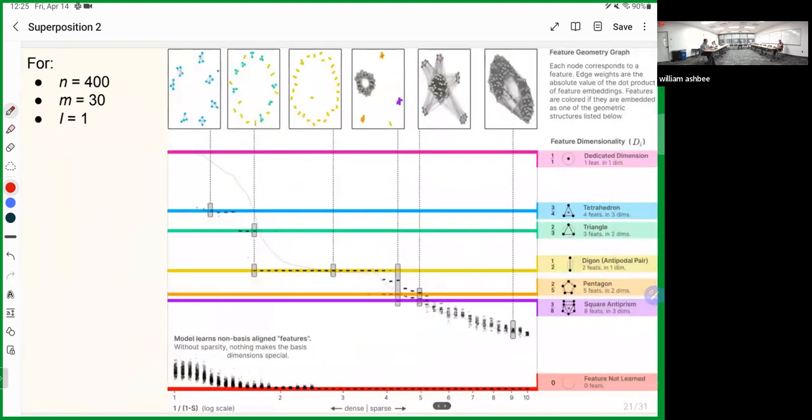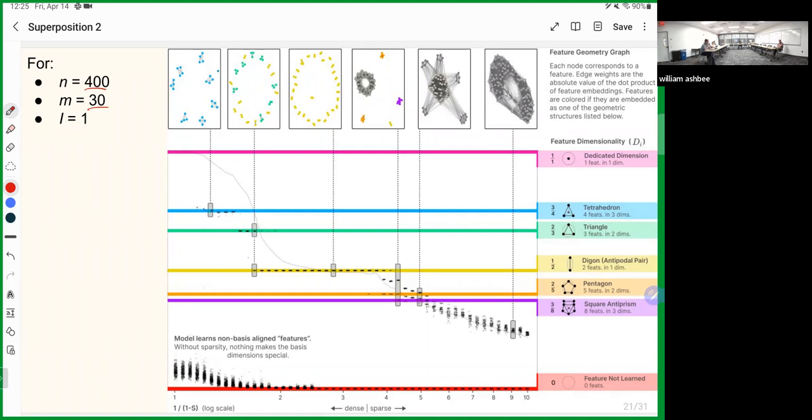So the authors ran another experiment for a problem with original number of dimensions 400 and hidden dimensions 30. They ran the same experiment with varying sparsity.